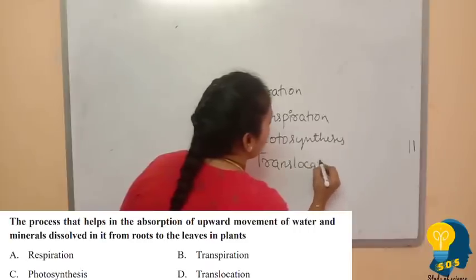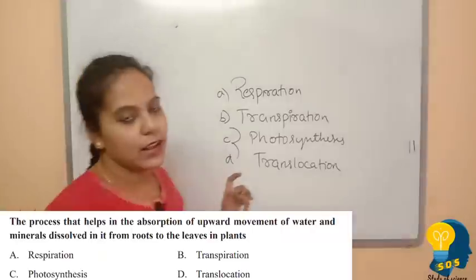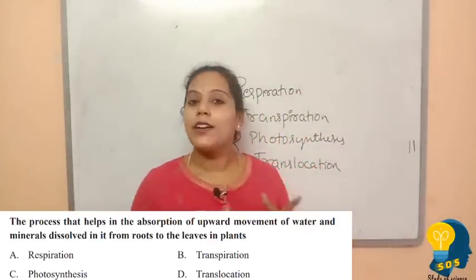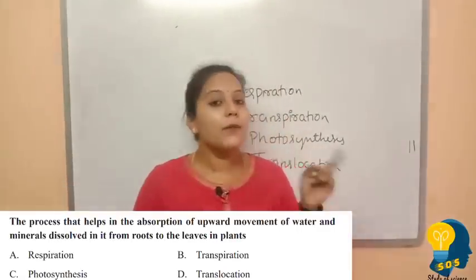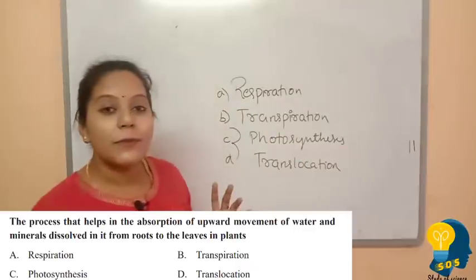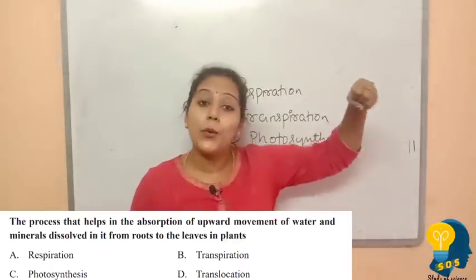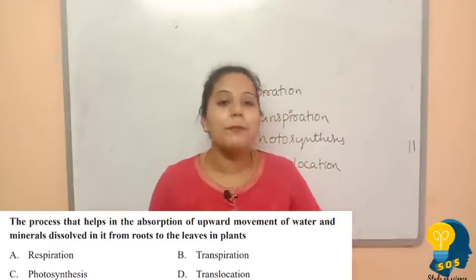If we check each and every option, firstly respiration means the plants take in oxygen. Do not confuse: only during photosynthesis do plants take in carbon dioxide, but when plants respire they take in oxygen. Transpiration is absorbing the water from the roots, and it will be distributed to the different parts of the plant.